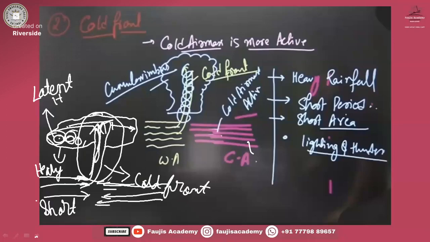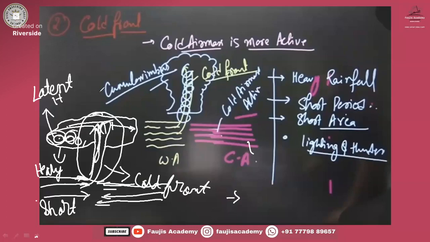And that formation will happen in a short area. In the warm front we saw the formation happening over a larger area, 100 to 2000 kilometers. But in this case the formation happens in a short area, because it is rising directly in a steep manner.